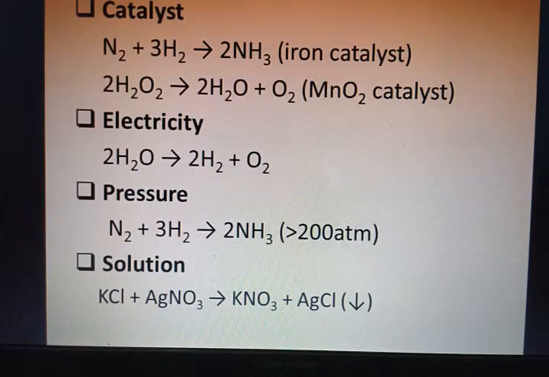Coming to the next and the final point, that is solution. Solution is another important point which facilitates the occurrence of a reaction.